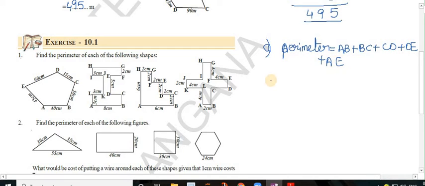You can write either AE or EA, both are correct. 40 plus 50 plus 35 plus 60 plus 45.